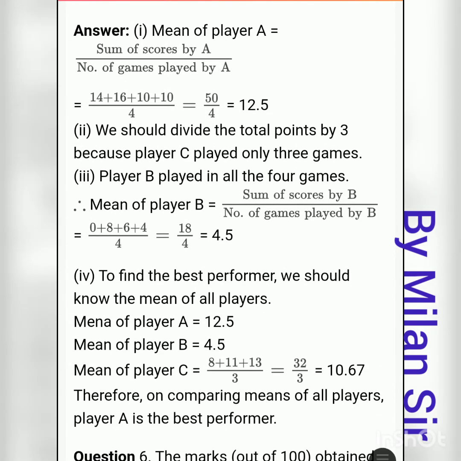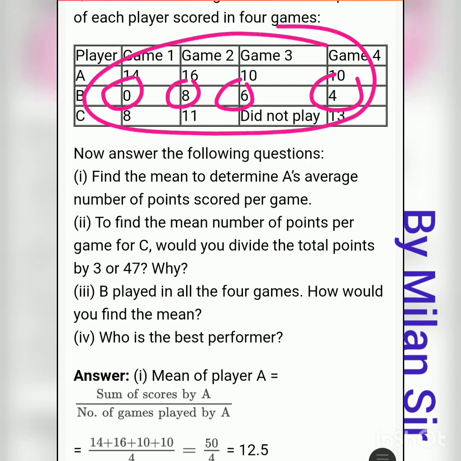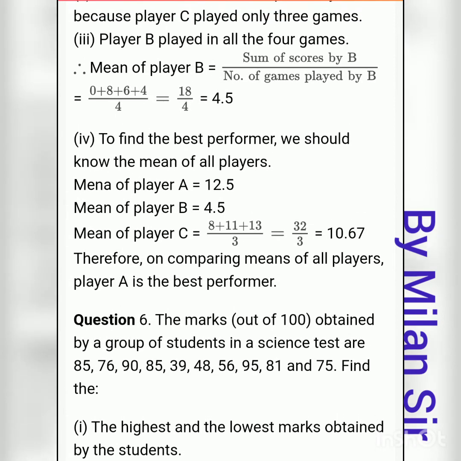So in the numerator we write 18 divided by total numbers. Here total 4 scores are there, 1 2 3 4, so we need to write 4 in the denominator.